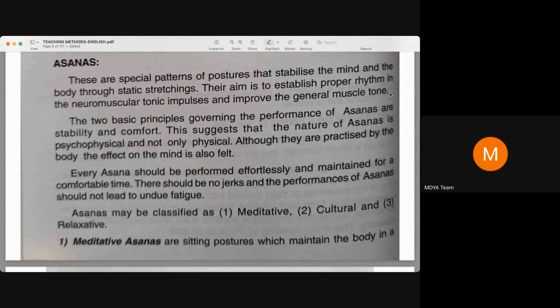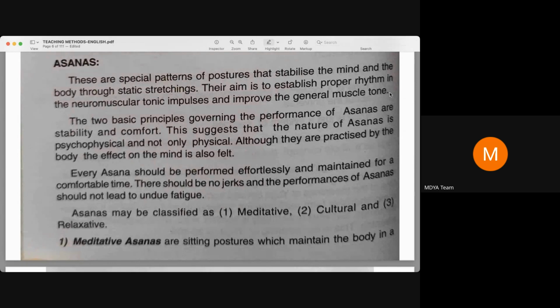The two basic principles governing the performance of asanas are stability and comfort. This suggests that the nature of asana is psychophysical and not only physical. That is the difference between simple exercise and yoga practices. Psycho means your mental body should also be with your physical body.